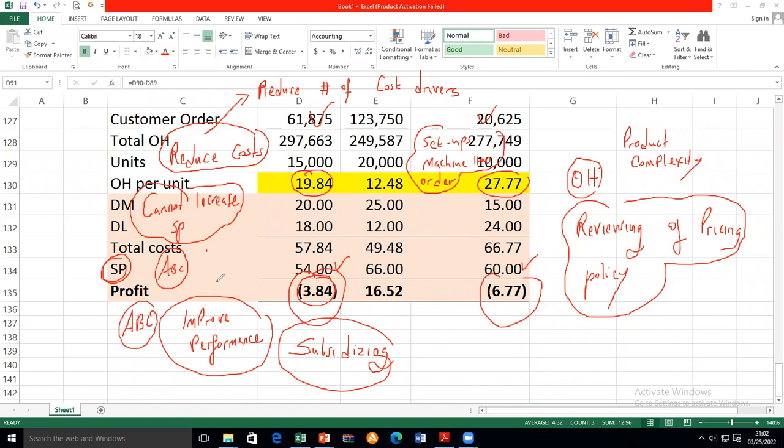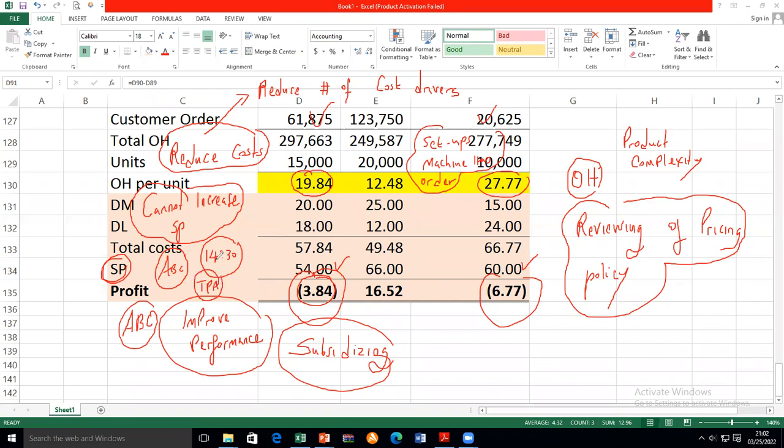Tomorrow at 14:30, we're practicing another question on ABC, so that we can become much more familiar. On Sunday, we move into another topic called throughput accounting.